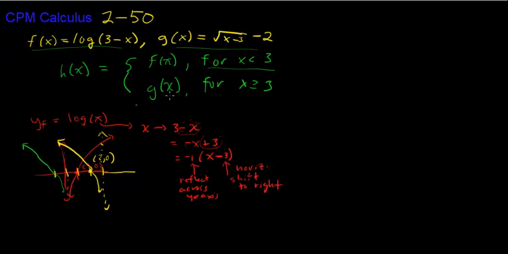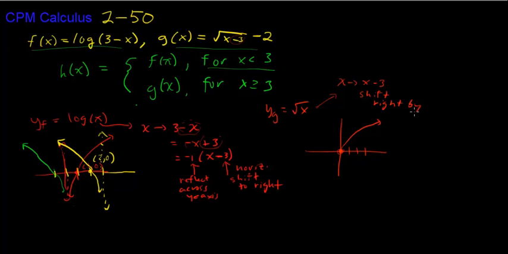Okay, so now g of x. Let's use the parent function y sub g is equal to square root of x. We know square root of x starts here at 0, 0 and goes up to the right. Now we want to do minus 3, so minus 3 means we want to shift to the right. So we want to go the input from x to x minus 3, so that's shift right by 3.